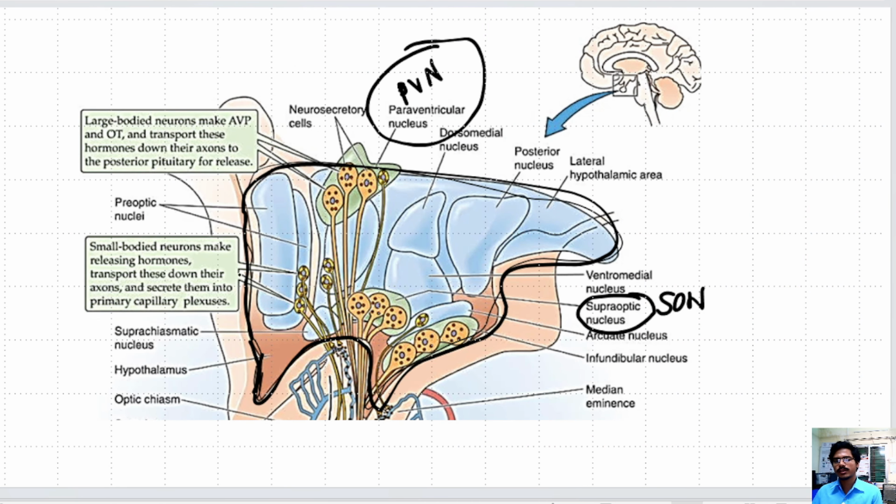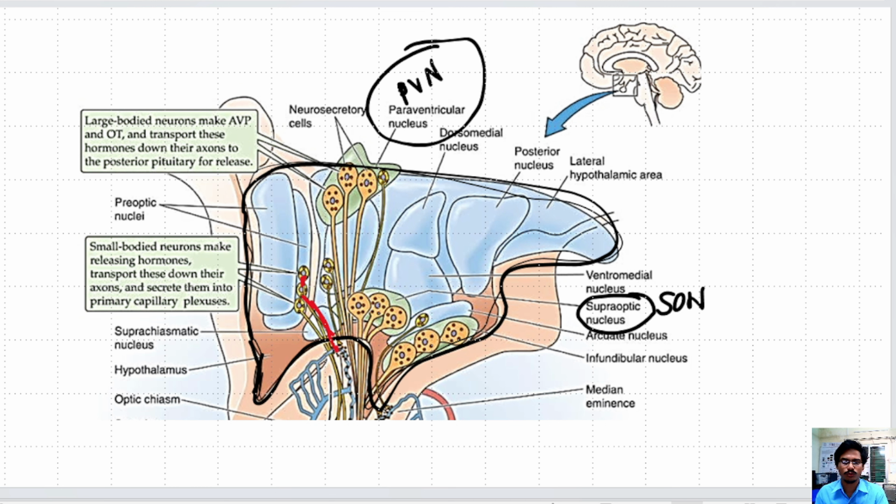These nuclei are there, and you can see there is a small-bodied neuron that makes releasing hormone and transports it down its axon and secretes it into the primary capillary plexus. This is a small neuron, not long, and I just marked it in red. So they are projecting into that region.